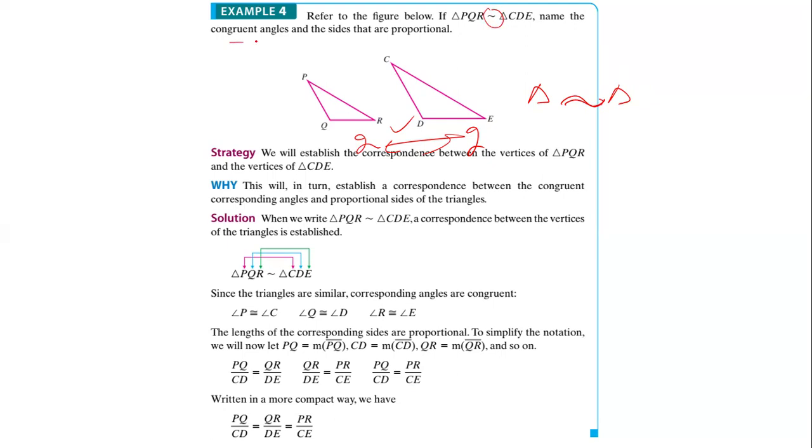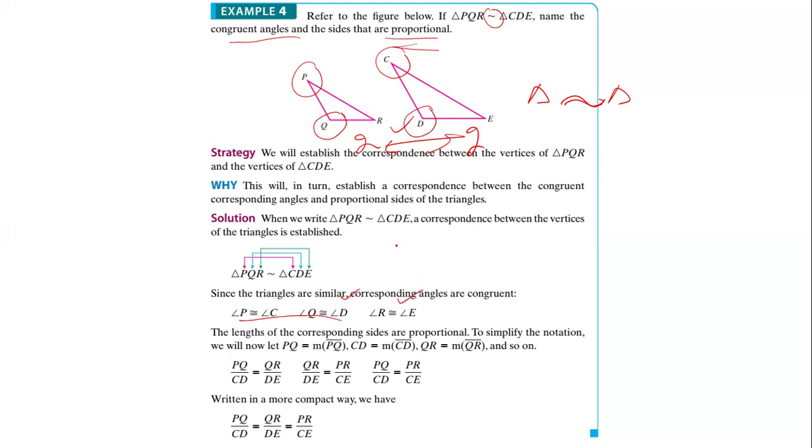Similar triangle क्या होना चाहिए? हाँ, इसके एंगल्स और इसके एंगल्स बराबर हो तो फिर उसके साइड्स प्रोपोर्शनल होंगे. प्रोपोर्शनल का क्या मतलब है? एक ट्रायंगल हमारे पास PQR है, सेकंड वन दैट इज CDE, तो if here we have this angle P and there is angle C, if these two angles are congruent, here this Q angle and D angle are congruent, the third one will automatically be congruent.